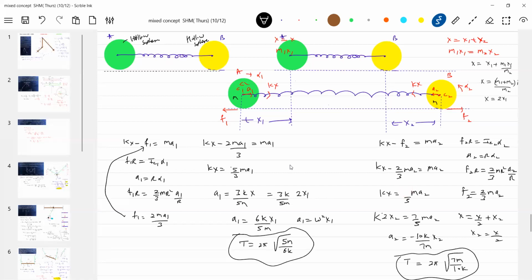To 5/3. Either you do for anything, the condition is the same. Okay, this will be 5/3. I get this. So here you check it. F1 is in fact equal to F2.